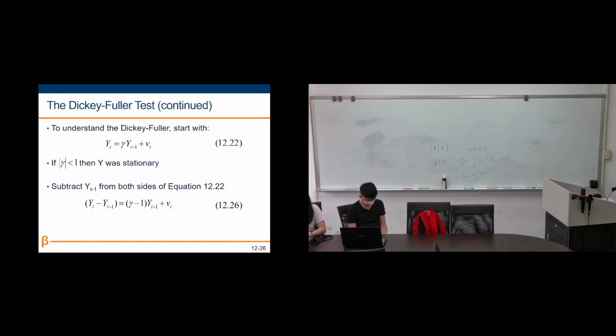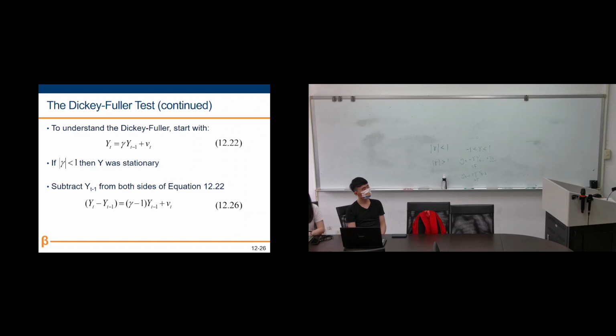Let's see this one. To understand the Dickey-Fuller test, start with this. This is the same equation, 12.22. If gamma is less than 1, then y is stationary. Now let's look at equation 12.26. This means that on both the left-hand side and right-hand side of equation 12.22 we subtract the previous period, y t minus 1. Any questions about this one?